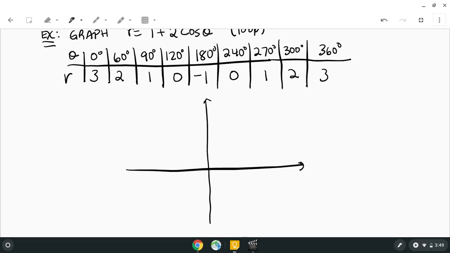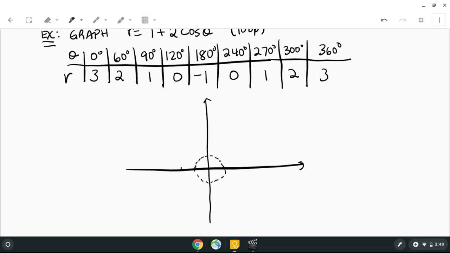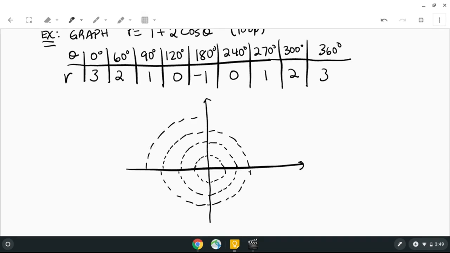Okay, so here is my circle with radius 1, my circle with radius 2, my circle with radius 3, and my circle with radius 4.